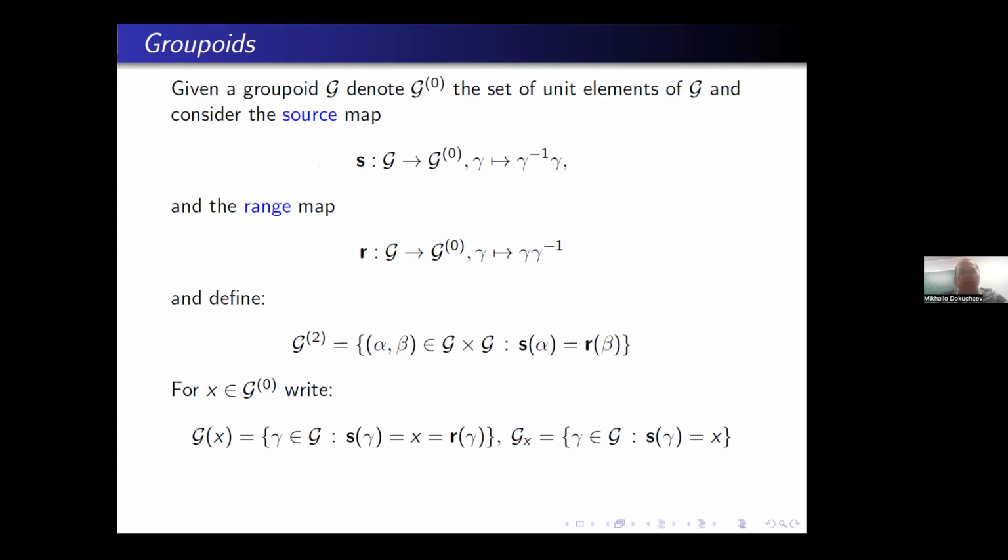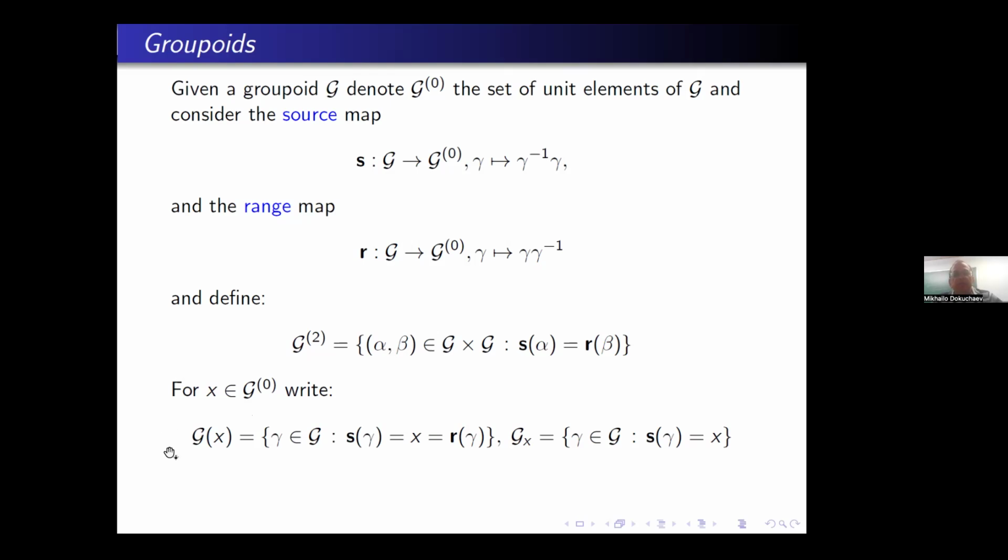We will identify objects as the unit morphisms. Obviously, any morphism has a source, and also has a range. So we consider the source map, sending each morphism to its source, and the range map, sending each gamma to its range. We also denote by G2 the set of all composable elements of the groupoid.